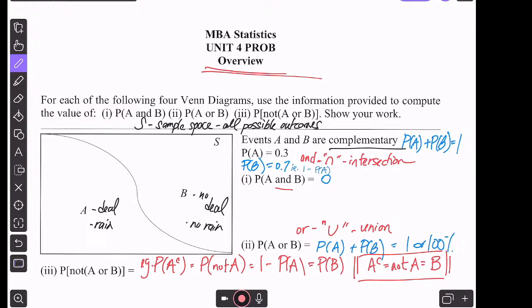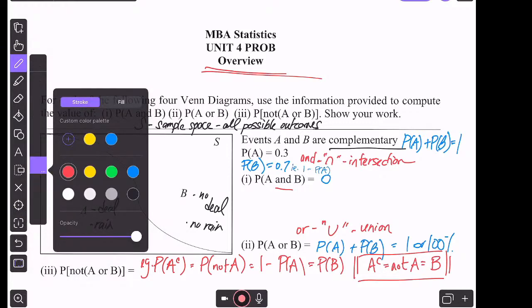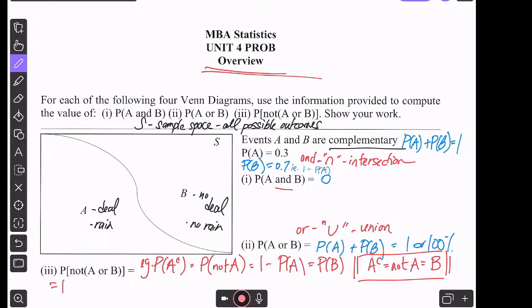So finally, where is not A or B? So this whole thing, the whole sample space, is the event A or B. So there is no not A or B. So if we were to write this mathematically, this would be 1 minus probability of A or B, because it says not, and I'm going to follow the rule of not, right?